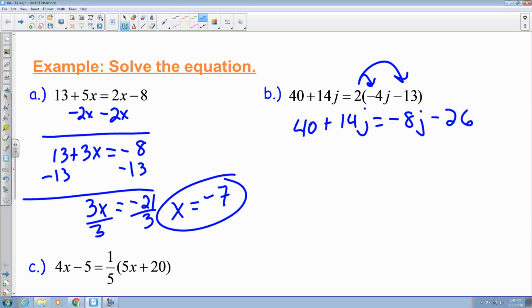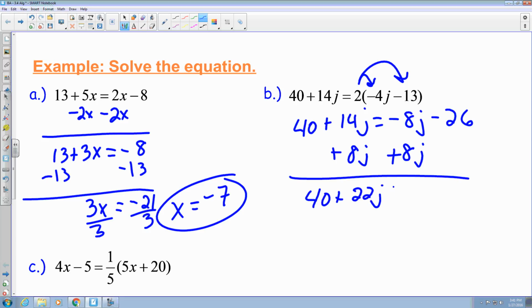Then, to make the coefficient of my variable positive, I'm going to add 8j to both sides. Now I get 40 plus 22j equals negative 26. From here, I'm going to subtract 40 from both sides.